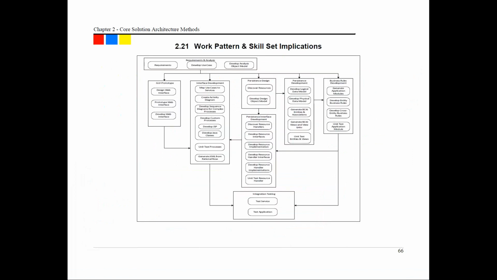Work pattern and skill set, it often breaks down into prototypes, interface development, persistence design, etc. But the skills required, and hence the personnel allocations and the people needs of a given area of the architecture are quite often different in between the tiers or in between different areas.